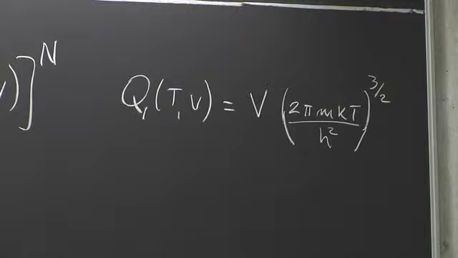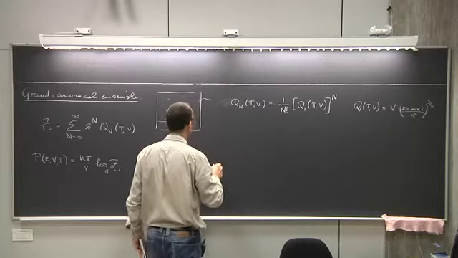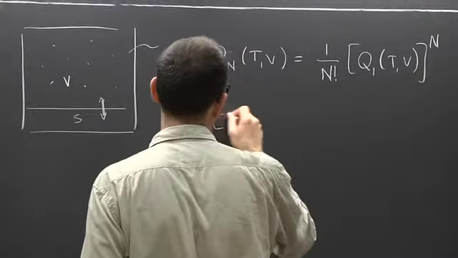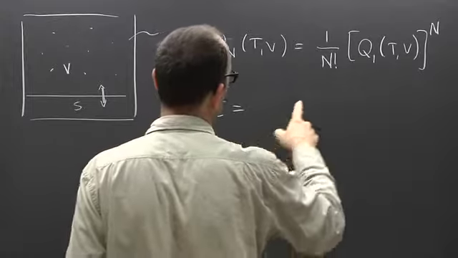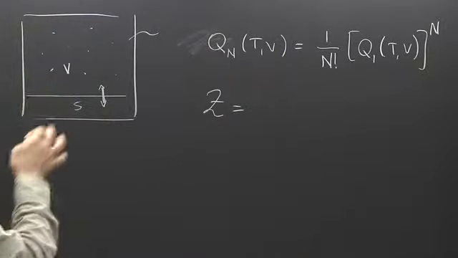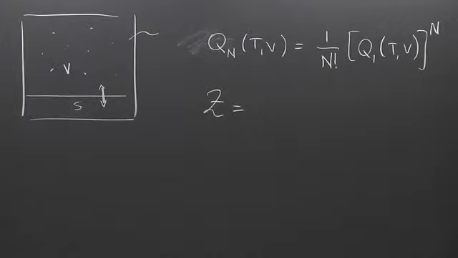Then the grand canonical partition function for the vapor has this 1 over n factorial because particles are indistinguishable, so any different configuration where I interchange particles should be counted as one configuration.